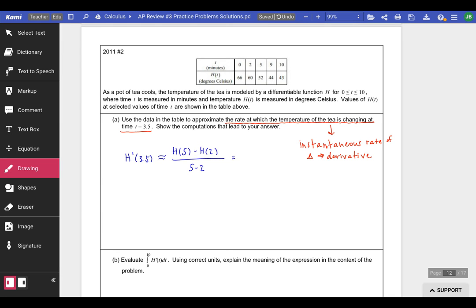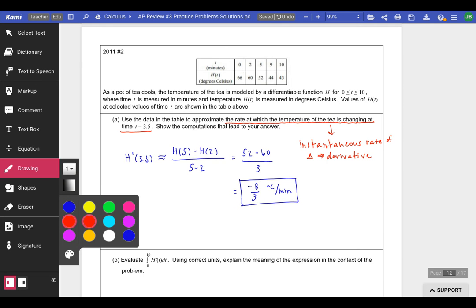So h of 5 is 52, h of 2 is 60, over 3. So I get negative 8 thirds, and then my units are going to be degrees Celsius per minute. And that's all we need to do there. And so that was 1 point on the AP exam.